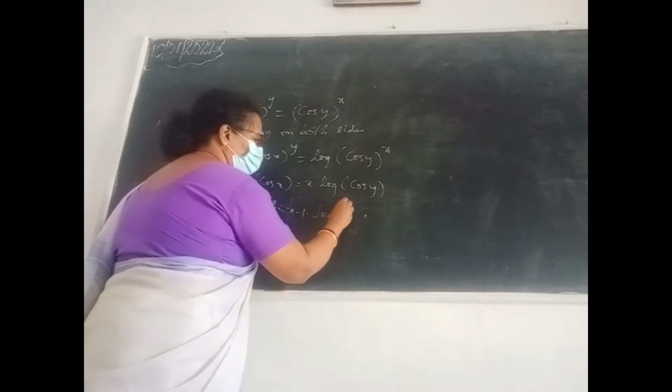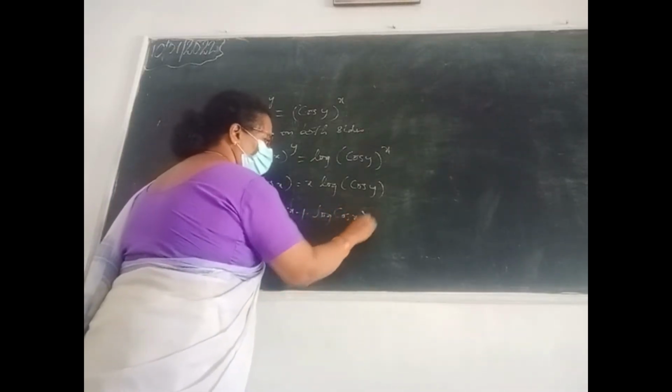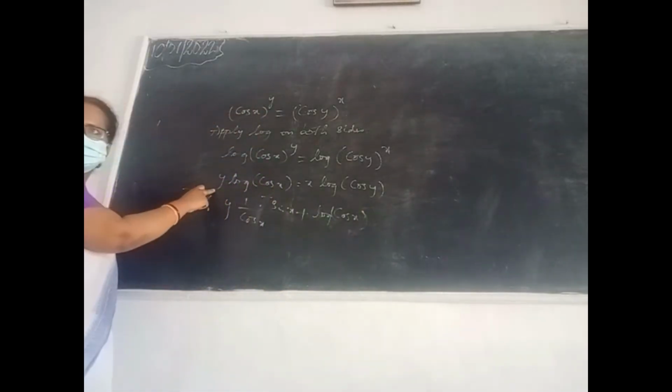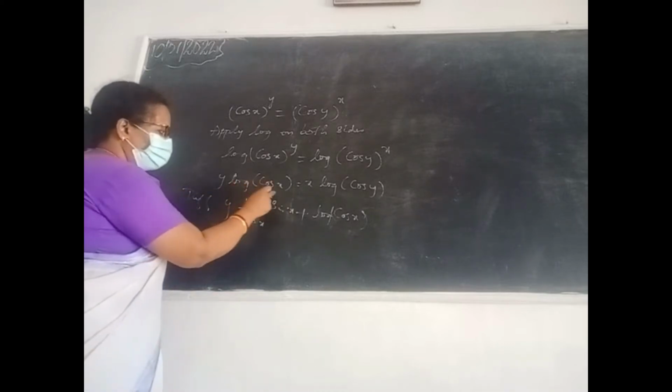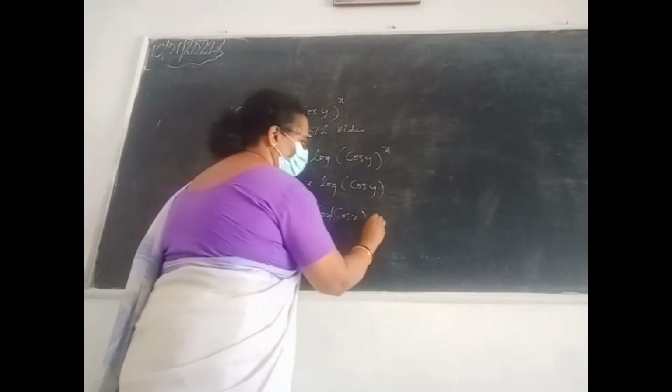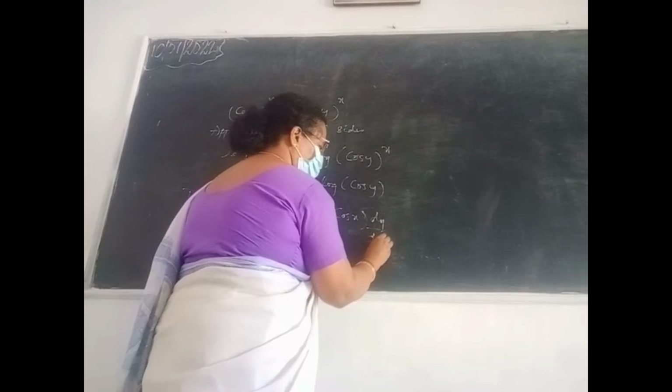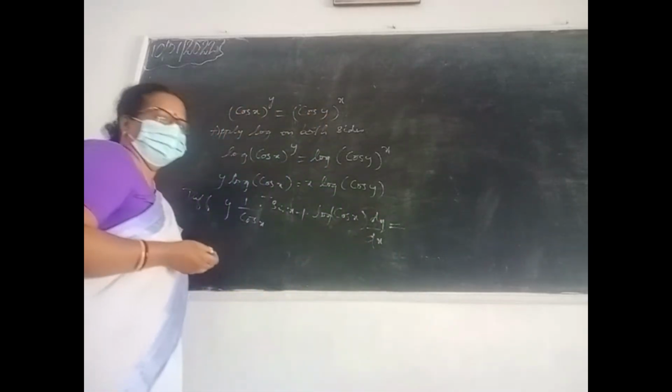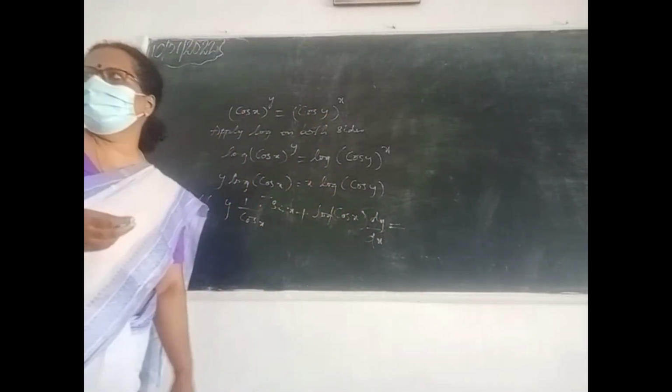So what will it become? Log cos x. Why do we have to differentiate it, isn't it? So log cos x into dy by dx equal to, here also apply the product rule.